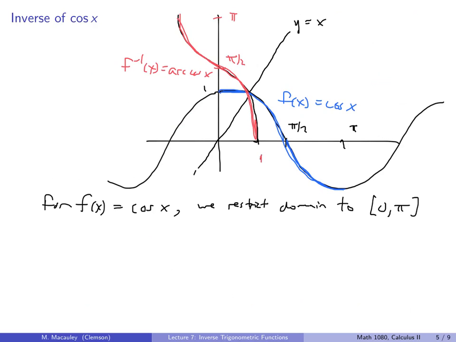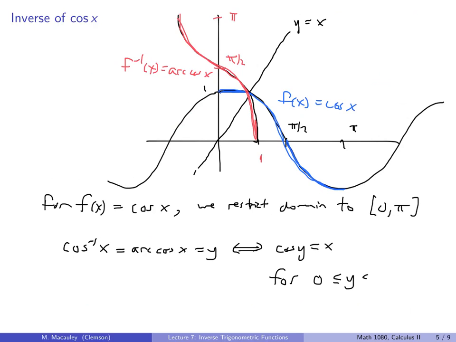Again, these are inverse functions because the inverse cosine of x, also known as arc cosine, of x equals y if and only if cosine of y equals x. And this, of course, is for only values of y in the domain.